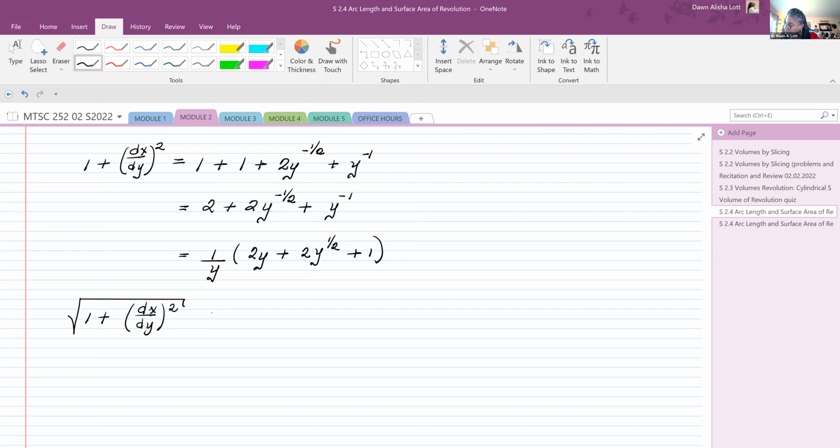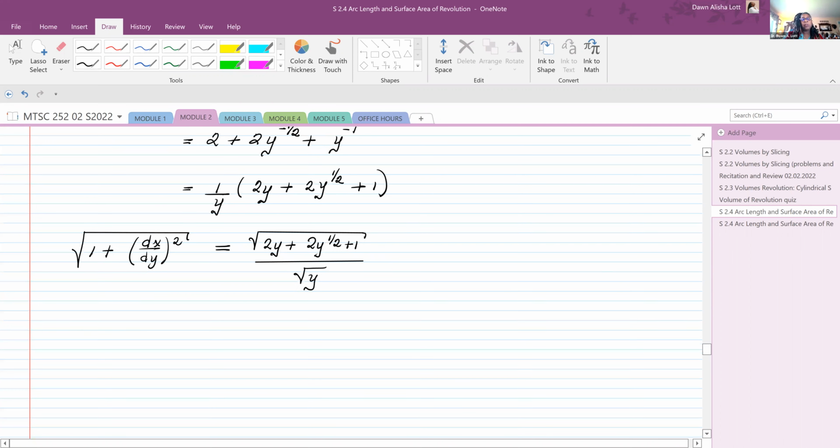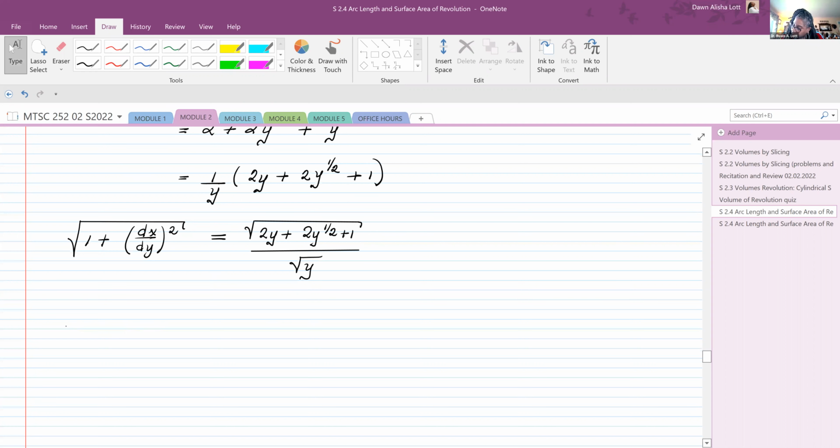So when I take the square root of it, I'm going to get the square root of 2y plus 2y to the 1/2 power plus 1, and there's the square root of y in the denominator. So now that whole thing is simplified. How wonderful. So now I can go to my integral S.